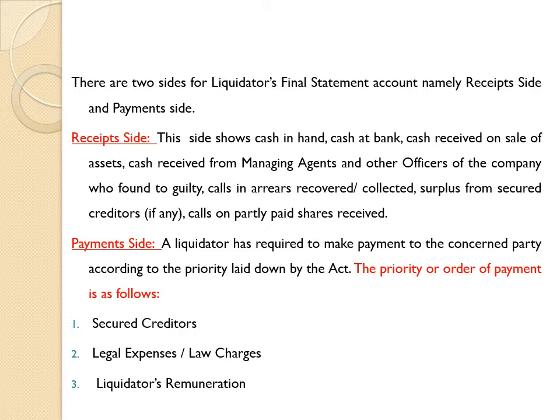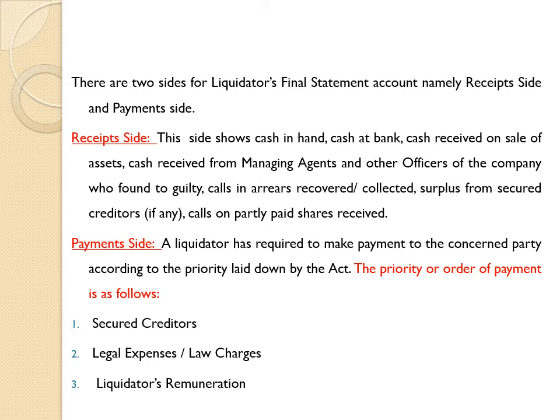The receipt side shows cash in hand, cash at bank, cash received on realization of assets, known as assets realized, cash received from managing agents and other officers of the company who are found to be guilty, calls in arrears recovered or collected, surplus from secured creditors if any, and calls on partly paid shares received.